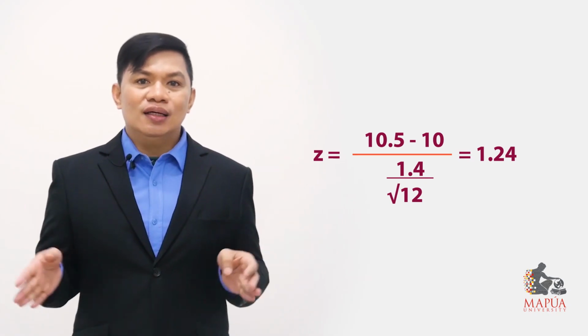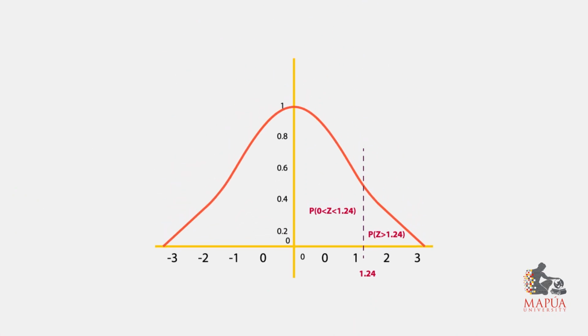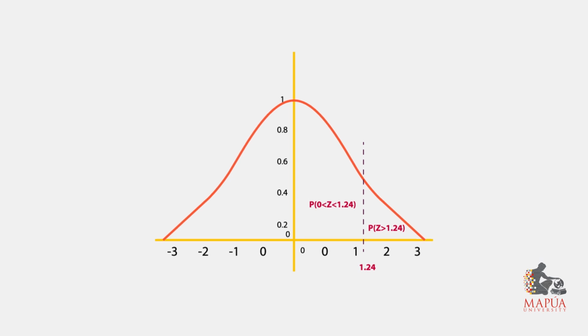So use again the Z table, find the probability that Z is less than or equal to 1.24, and from that value, we subtract it from 1 because we are looking at the right tail of the distribution.